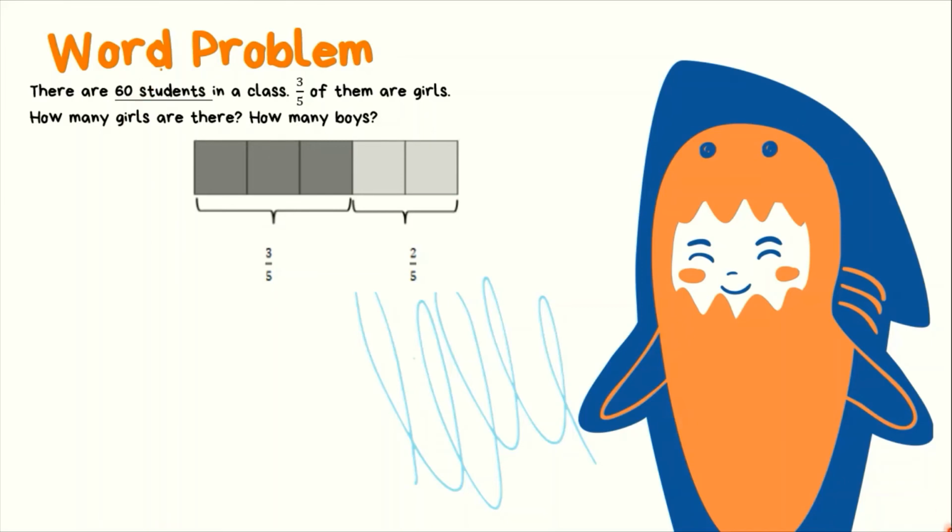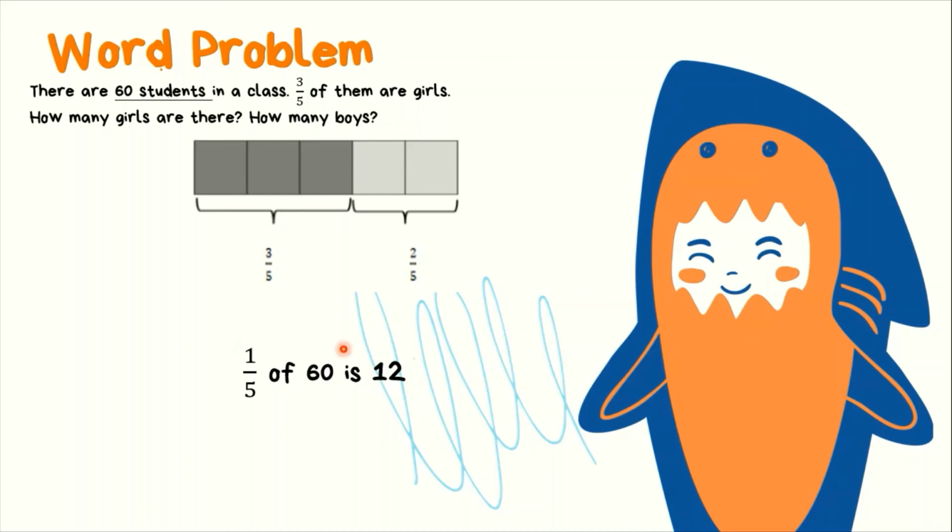Una natin alamin ay, what is the value of 1/5? Ilan ba yung value nitong isang block na ito? 1/5 of 60 is 12. Paano natin nakuha yung 12 as our answer? We need to multiply 1/5 to 60. 60, when converted into a fraction, meron siyang invisible na 1 sa ilalim niya, acting as its denominator.